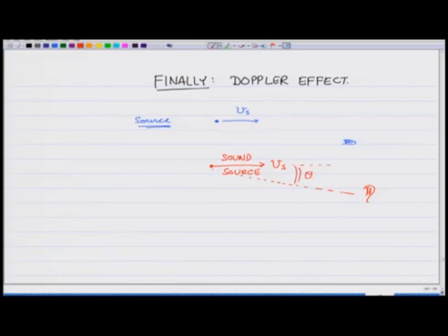Or it could so happen that the sound source is stationary and I as an observer am moving, or a combination of the two.